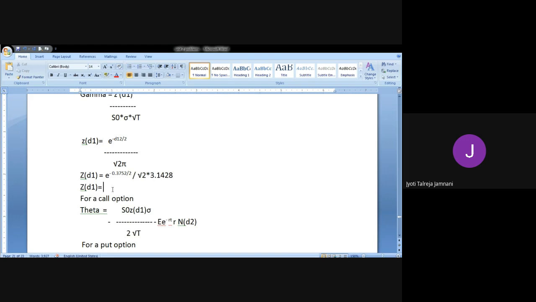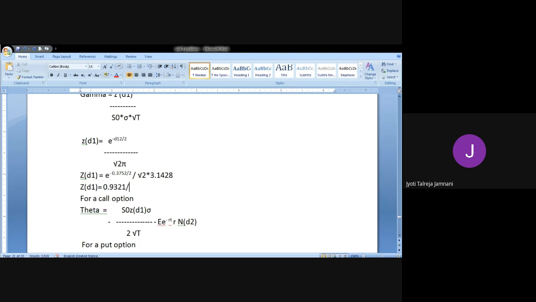We get 0.07031. Then e raised to minus 0.07031, you get 0.9321.